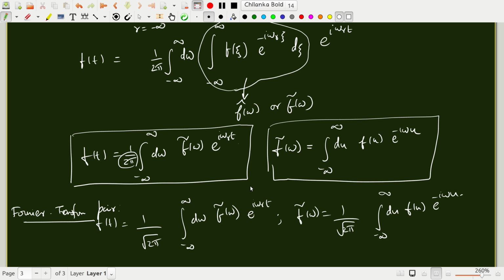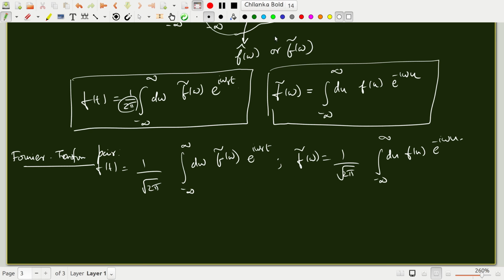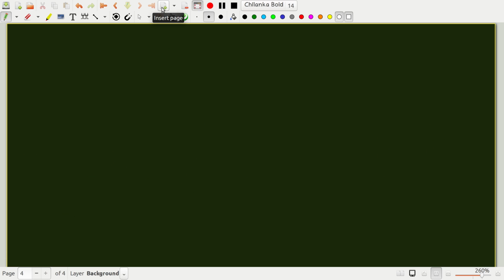Now, Fourier transforms are very useful for a simple reason. Let me first tell you what the use of the Fourier transform is. Suppose I say f of x is 1 by root 2 pi, the integral from minus infinity to infinity d omega f tilde of omega e to the i omega x.